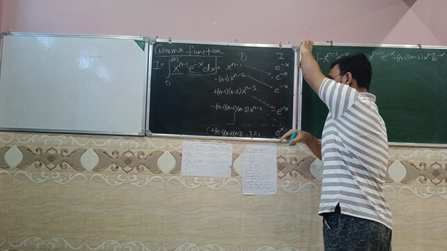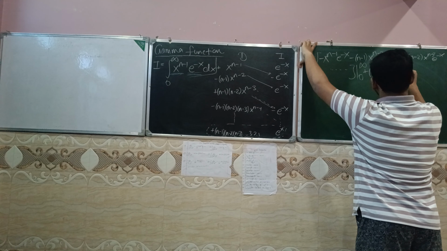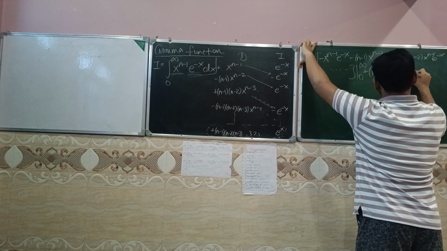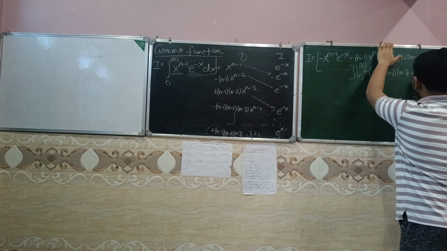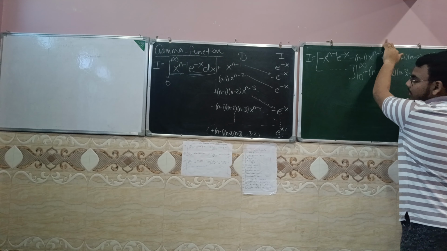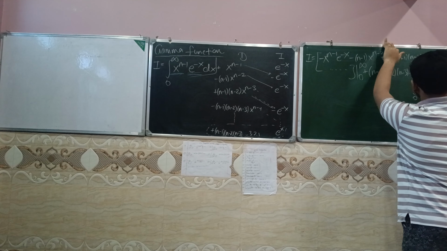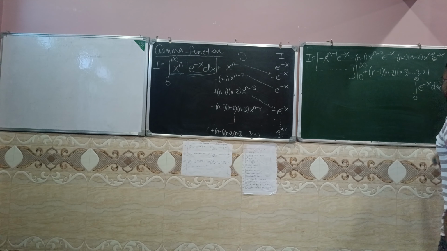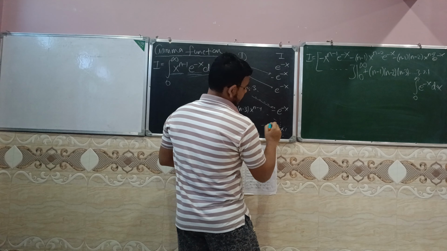So this is a constant. This becomes n minus 1, n minus 2, n minus 3, dot dot dot, 3 times 2 times 1, and times the integral from 0 to infinity of e to the negative x dx. Actually it's negative, I just missed the negative sign.